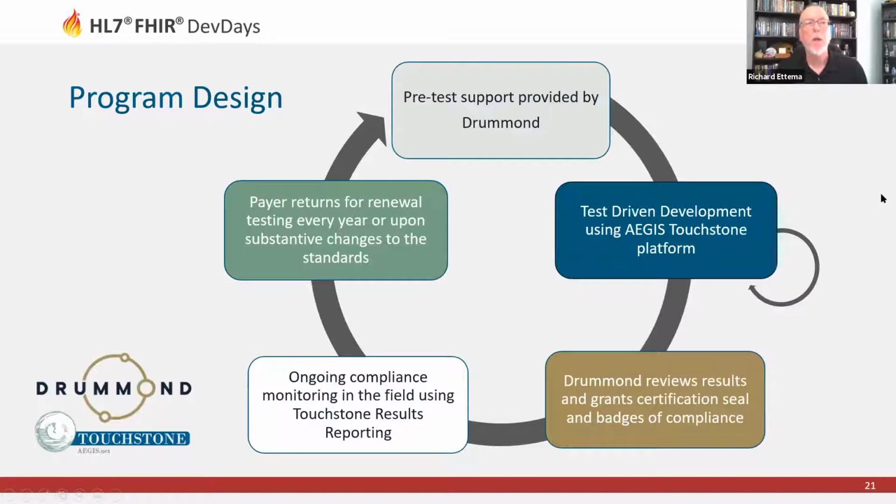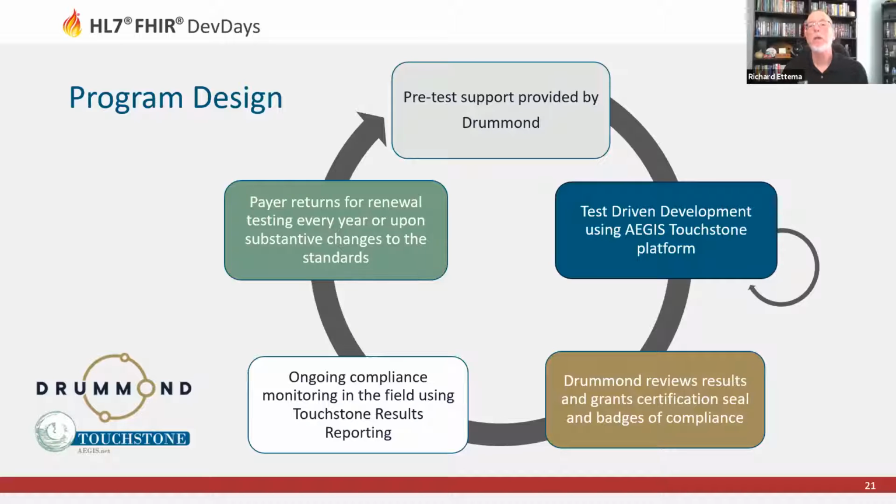So we can think of the actual program itself as this life cycle. As we mentioned, when you sign up and register for the Drummond Group's certification program, you're provided that pre-test support through subject matter experts and so forth. And then you're given access to the testing environment and to those test scripts that are available, grouped together appropriately.